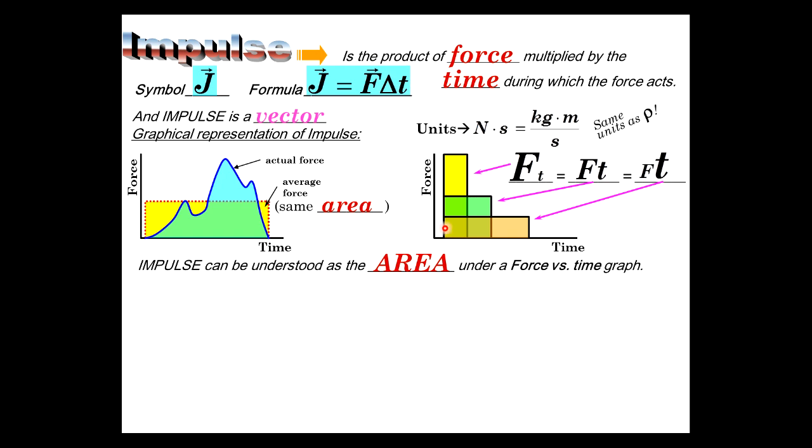A smaller force, longer time, less damage to your body. So that's what you have an airbag for in the first place. That's the benefit of it. Same impulse, and actually same change in momentum as well.